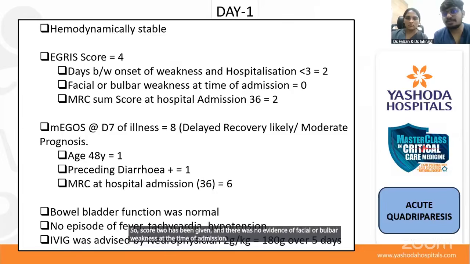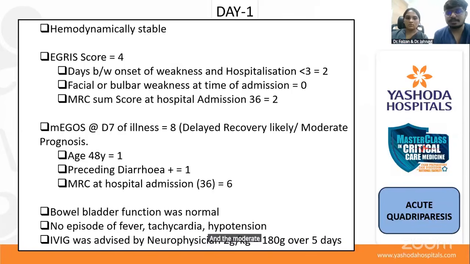And MRC sum score at hospital admission was 36, so score 2. So the total EGRIS score was 4, which suggested a moderate risk of respiratory insufficiency. And then modified EGOS was done at the day 7 of illness, which came out to be 8. So this indicated delayed recovery and the moderate severity of the prognosis.